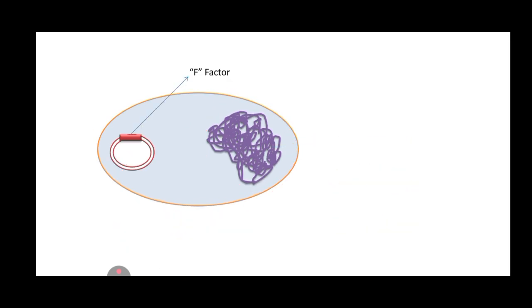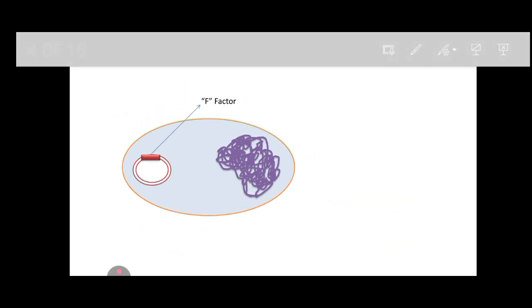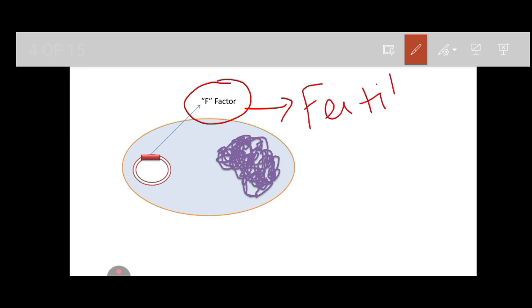While examining the plasmid very carefully, there is a region called the F factor, or otherwise the fertility factor. This plasmid is not present in all bacteria, but only in a few organisms, and this fertility factor enables the organism to form the conjugation tube or conjugation canal called pili.